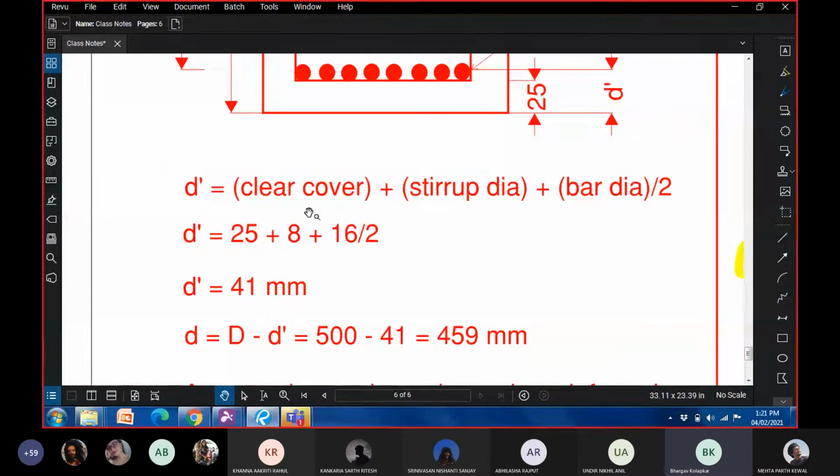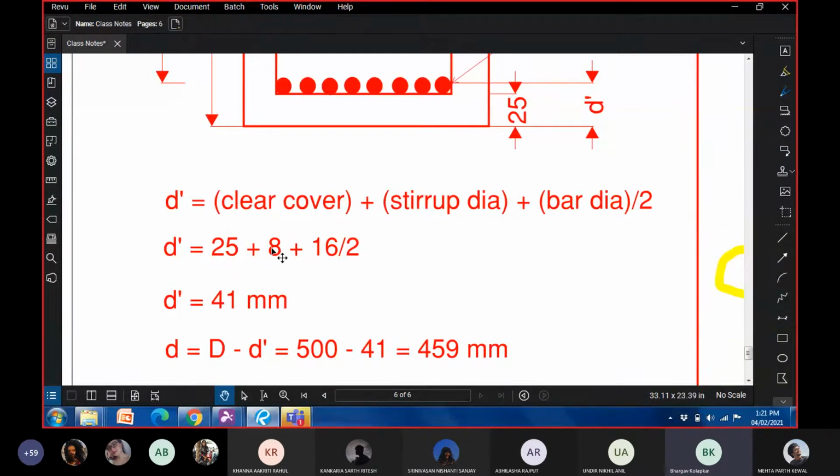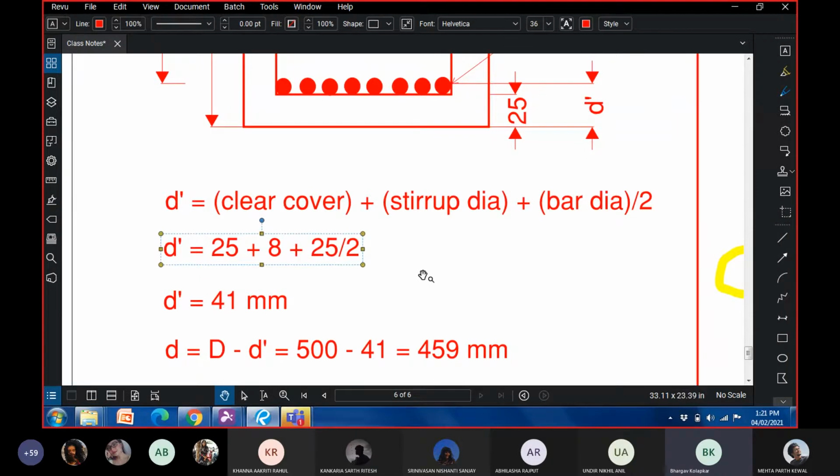So like we have seen before, the effective cover is equal to clear cover plus stirrup diameter plus bar diameter by 2. So this is 25 for beams, 8. You can assume 8 to be the stirrup diameter, and this is 25. So this turns out to be 45.5.